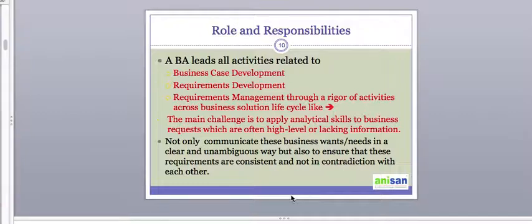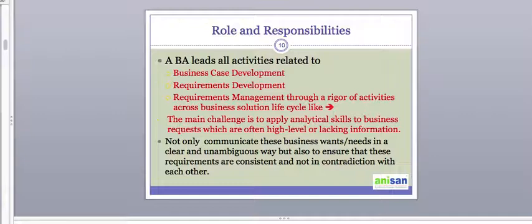This is the key part which the business analyst has to do. Not only communicate these business wants and needs in a clear and unambiguous way, but also ensure that these requirements are consistent and not in contradiction with each other. This is just what we talked about, all in one line.